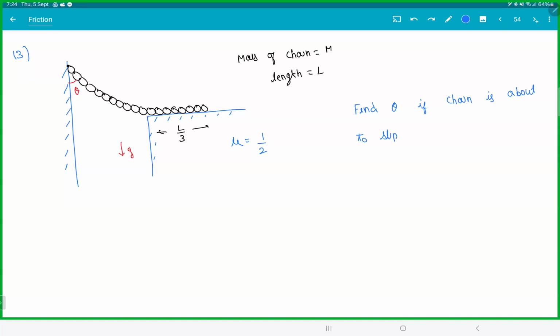Find theta if the chain is on the verge of slipping. Means all you need is a little push, and this chain would start sliding like this, and then it will fall down eventually. There is a possibility. Let's get this.